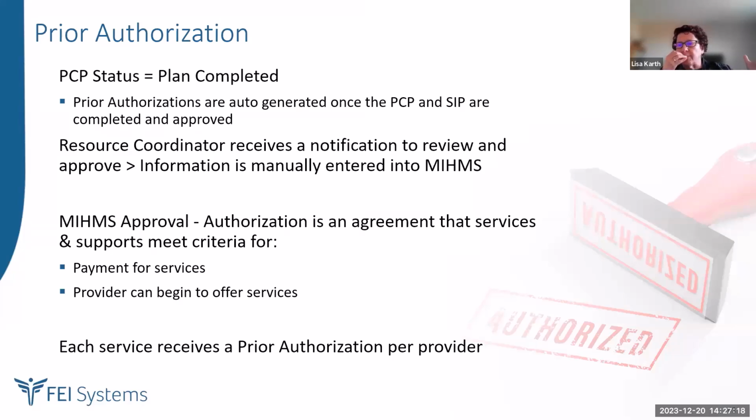Once services and supports were added, this came to you for review. You approved the PCP, thought it looked great. The case manager engaged the provider to submit a SIP. The provider was selected. The case manager completed the PCP when they set the status of that PCP to plan complete. That generated the prior authorization.